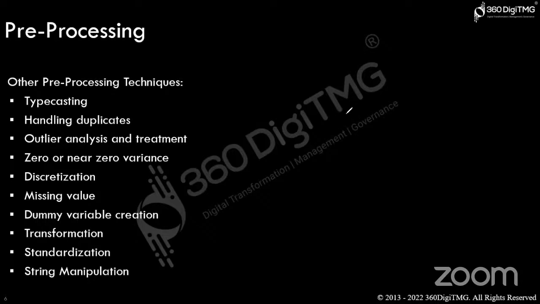Other techniques also exist, but mainly we'll use mean, mode, or median imputation, depending on the data type. If you have numerical data, you can go with mean or median. If you have outliers in your data, you go with median, because of outliers the mean will be affected. So we have to go for median.